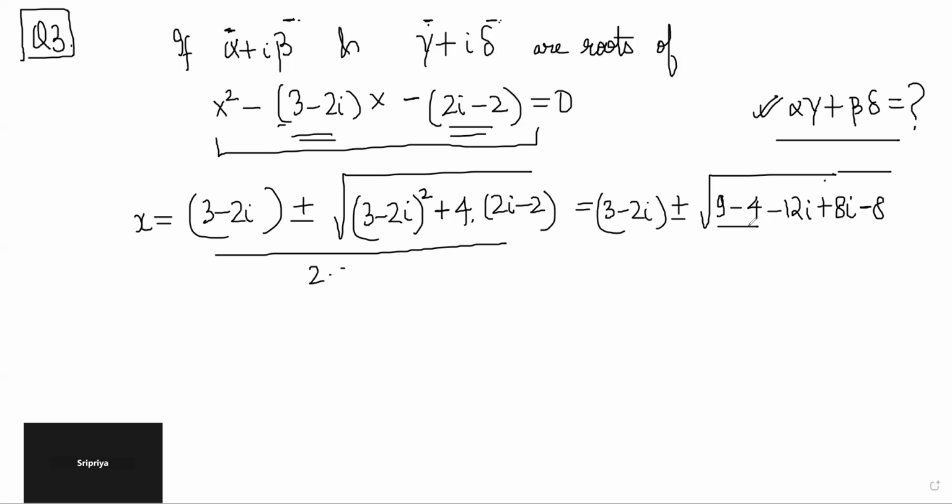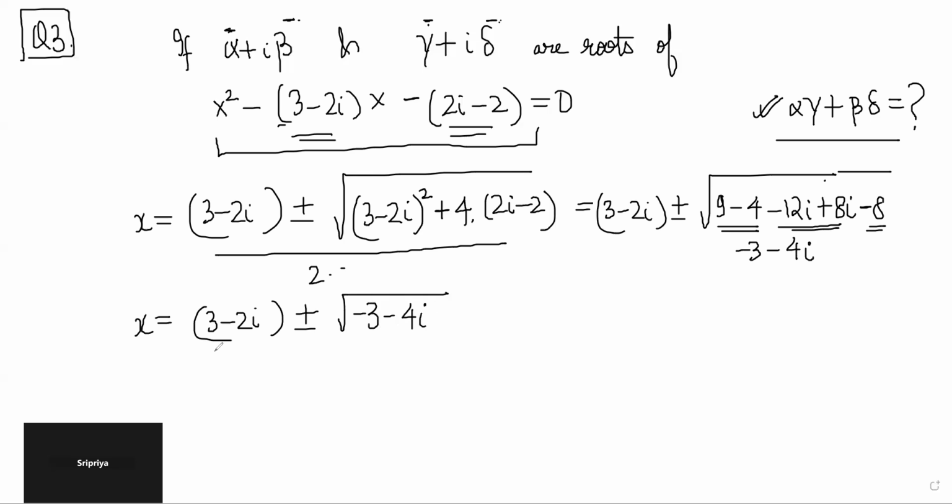This is 5 minus 8, which is minus 3, and this is minus 4i. So x is equal to (3 minus 2i) plus minus root over (minus 3 minus 4i).